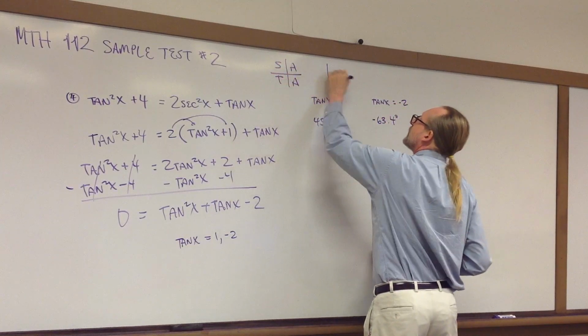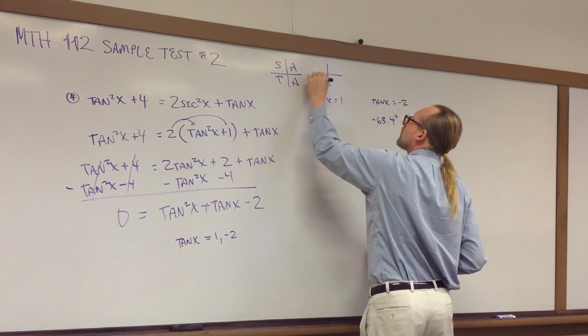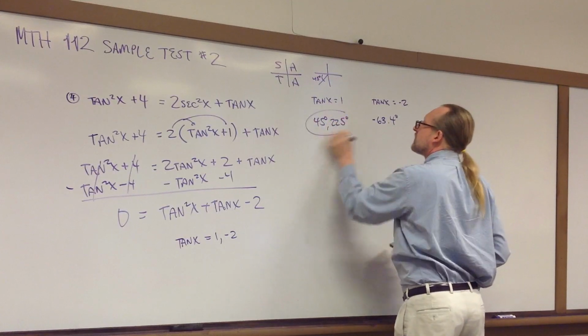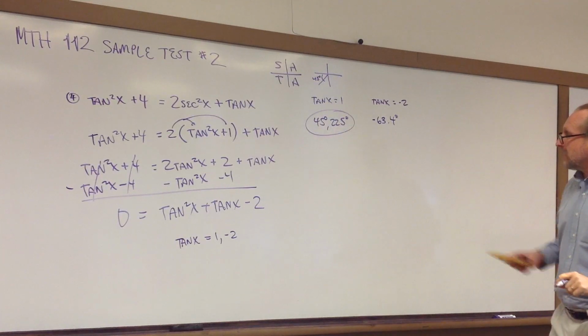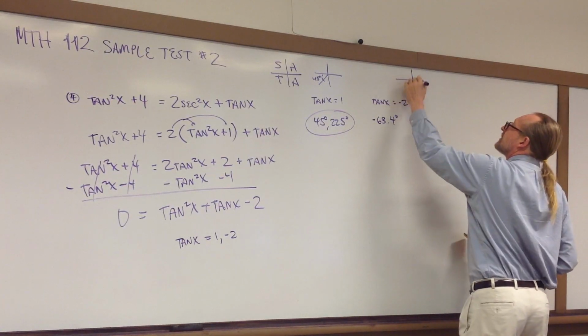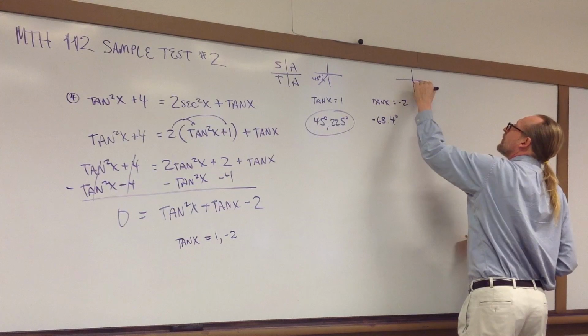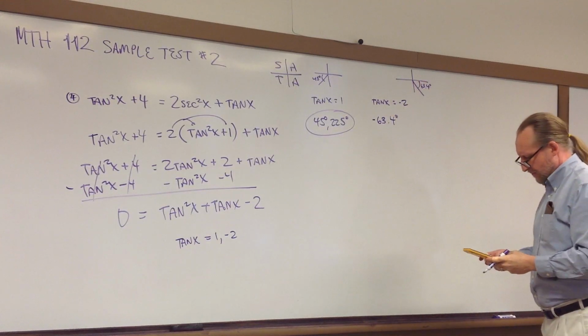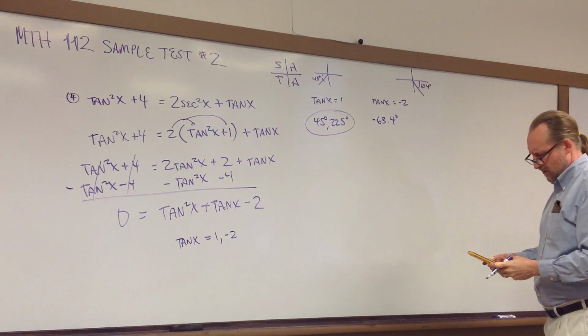Okay, so for the tangent to be positive, that's going to be a third quadrant angle with a reference angle of 45 degrees. Add that to 180, gives us 225. Over here, this is saying the tangent is negative in the fourth quadrant with a reference angle of 63.4.